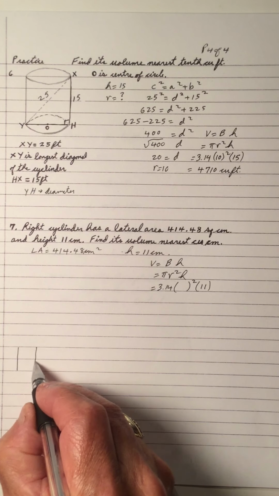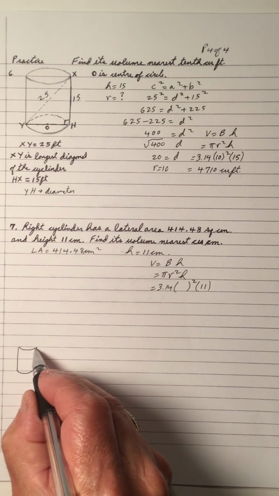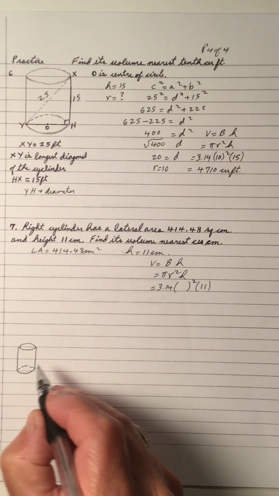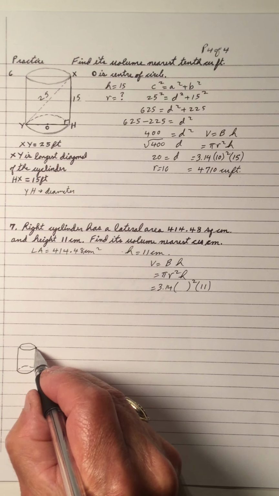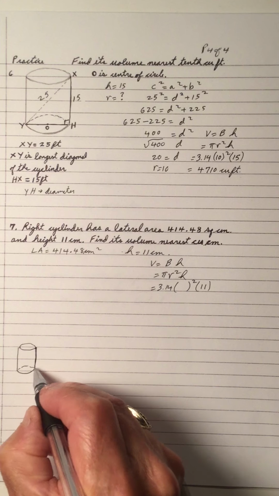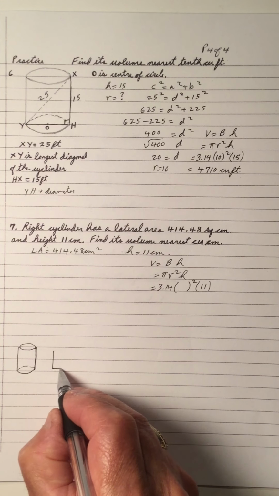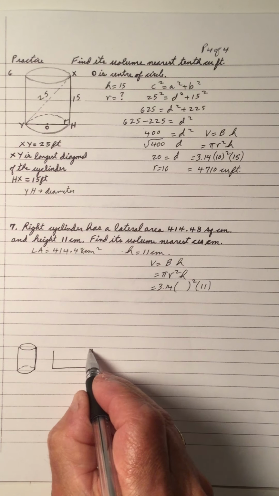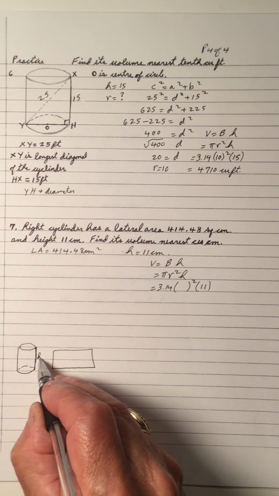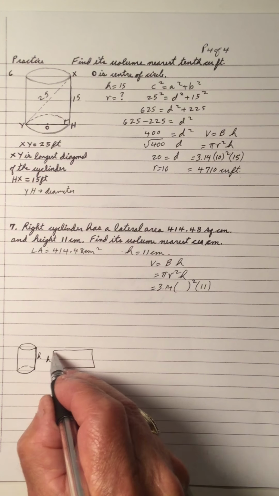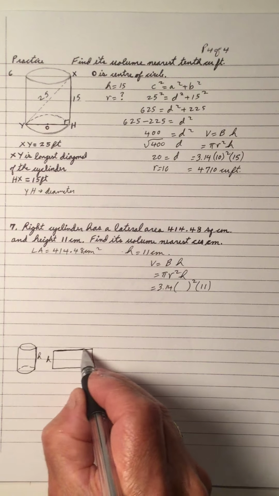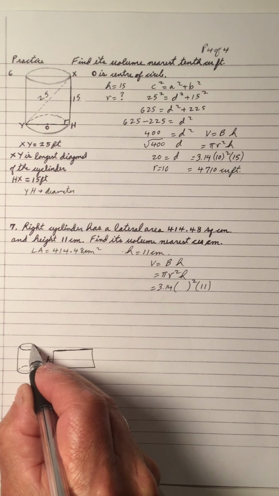And if you remember, let's go down just here. If you draw a cylinder like this, then if you take the cylinder and cut it down like that for the height, then the cylinder unfolds to be like this. So that height right there is there, and this distance right here is the circumference.